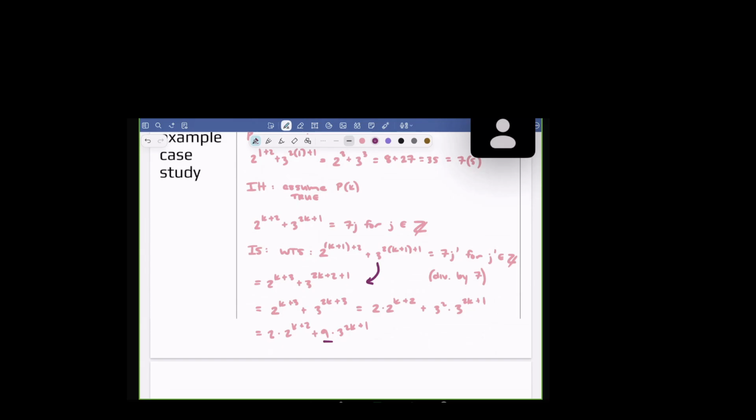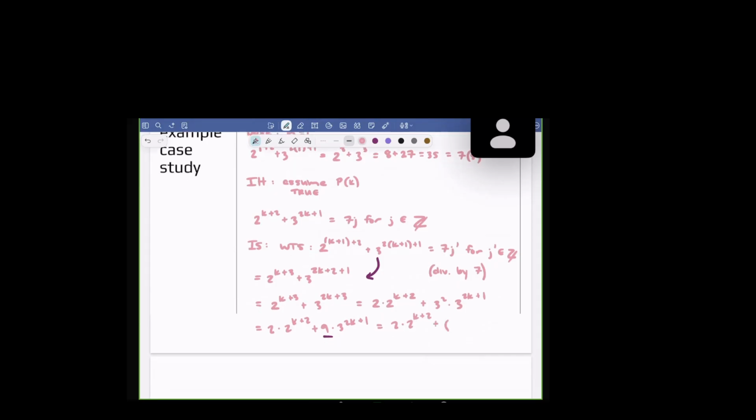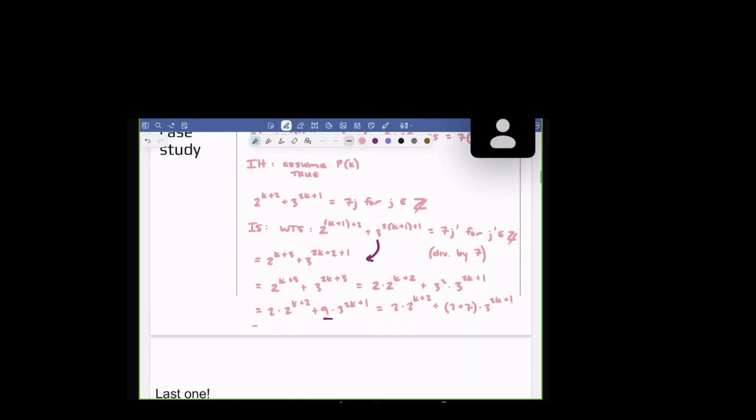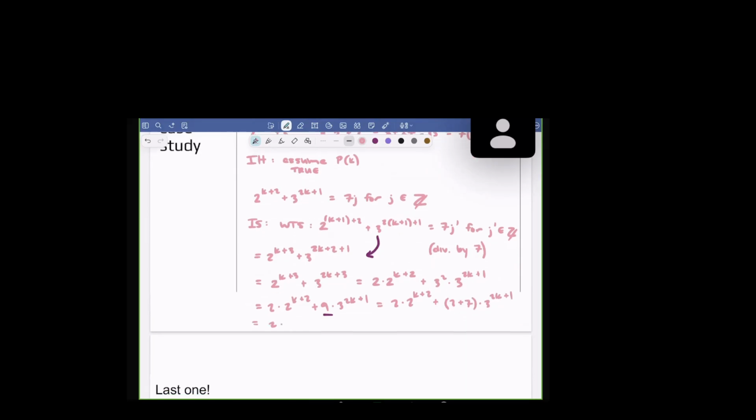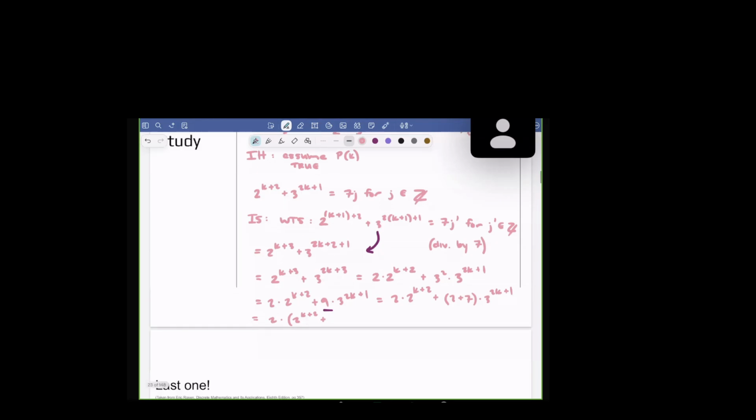Exactly. Right, because if we split into 7 and 2, now we can factor. Again, this is where factoring comes really handy. And this is just 2 times 2 to the k plus 2 plus 2 to the 2k plus 1.